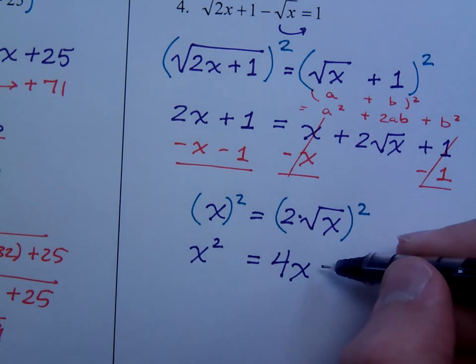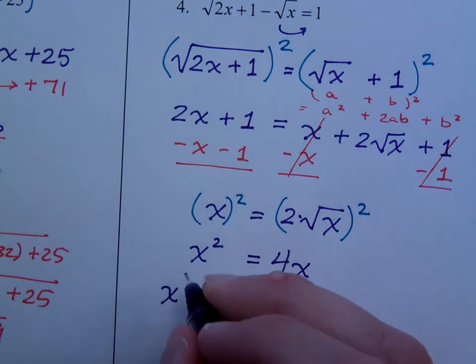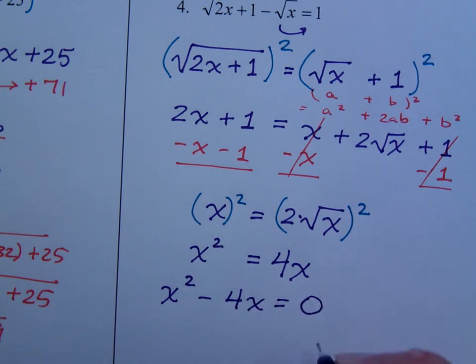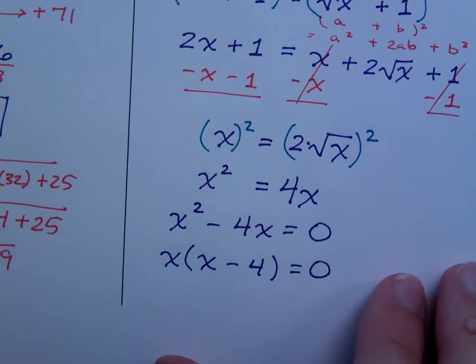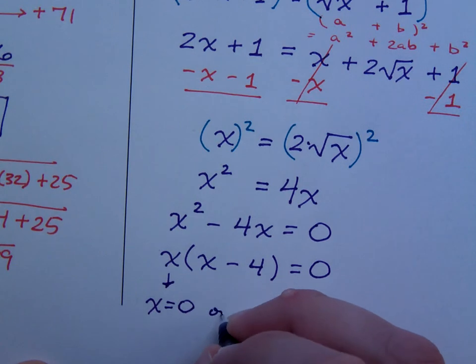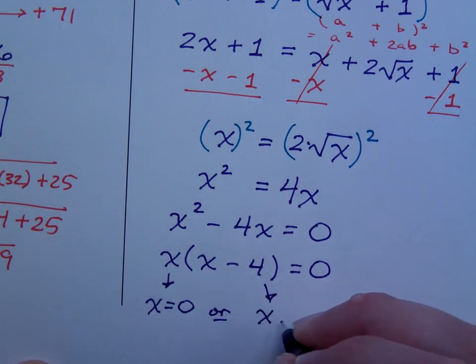This equation is quadratic, so we get everything to one side. We factor by taking out the GCF. Always look for the GCF first. And then it's just a matter of solving this. So x equals 0 or x equals +4.